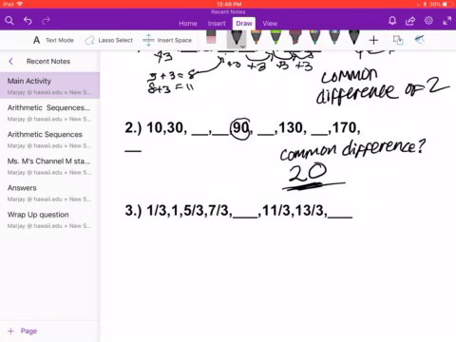So from 90, how do we get the previous number before that in this sequence? Right, so 90 minus 20 is, yeah, 70.